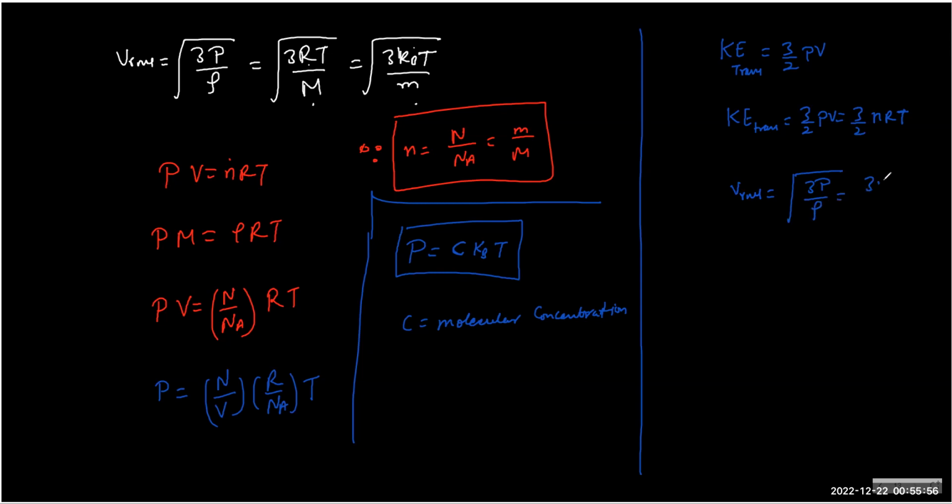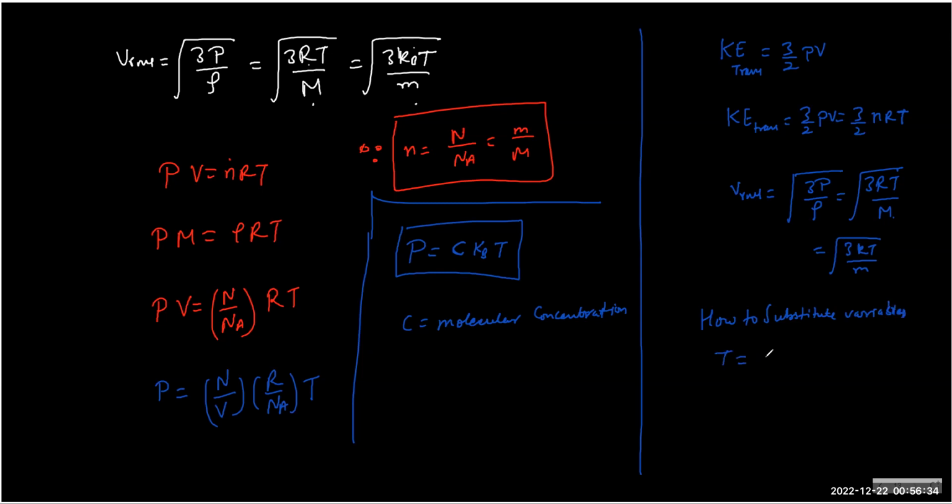So depending on what you know, now the question is when you substitute the M, it must be in kilogram per mole. So how to substitute variables?